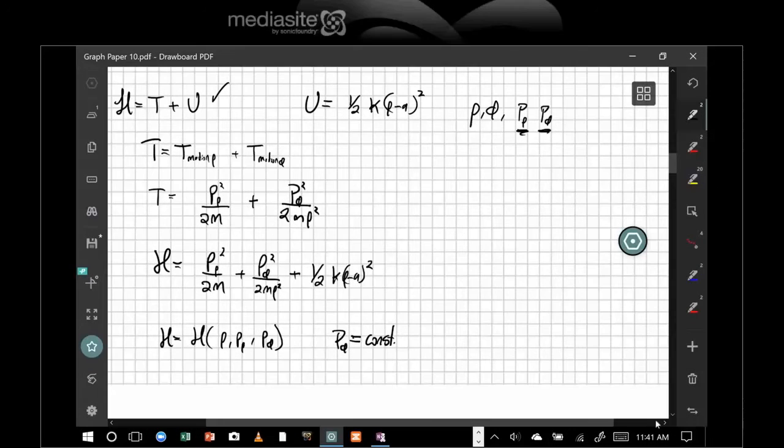If we just draw a free body diagram, so here's my origin. There's a spring acting like here. So what force is acting on the mass? There's a normal force here, and then there's a spring force.